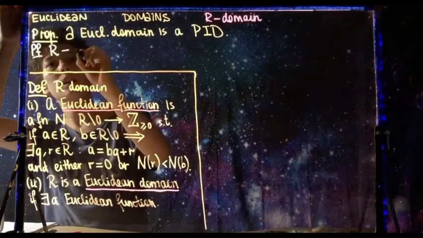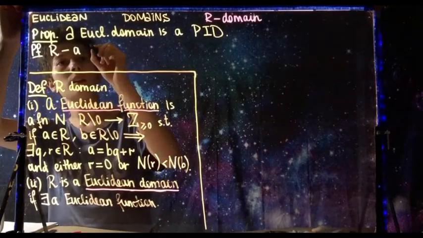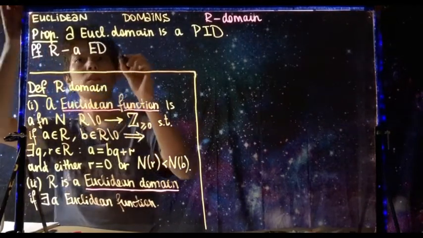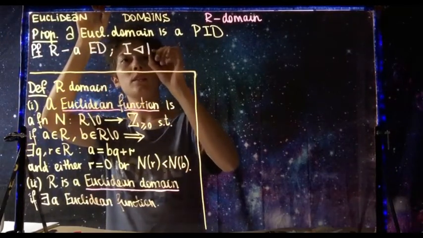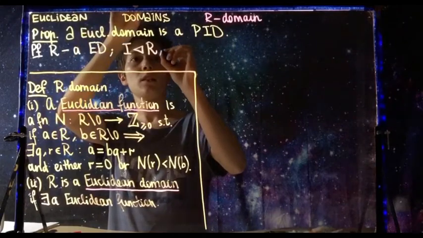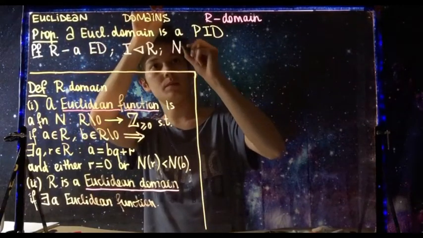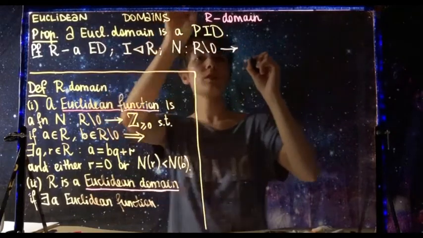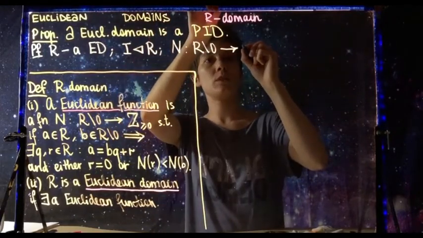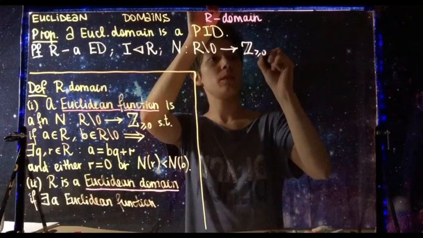So let us take R, a Euclidean domain, and let us take an ideal I in R. And we know that there is a Euclidean function from R minus 0 to non-negative integers.